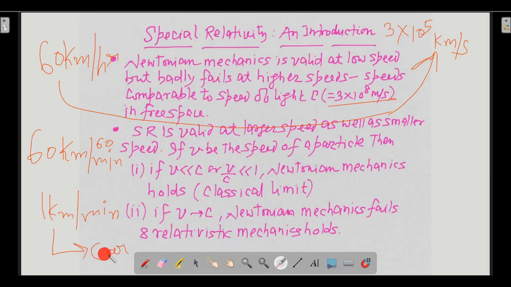So in 1 minute the car goes 1 kilometer, and in 1 second light goes 3 into 10 to the power 5 kilometer. The car goes 1 kilometer in 1 minute, that is 60 seconds.